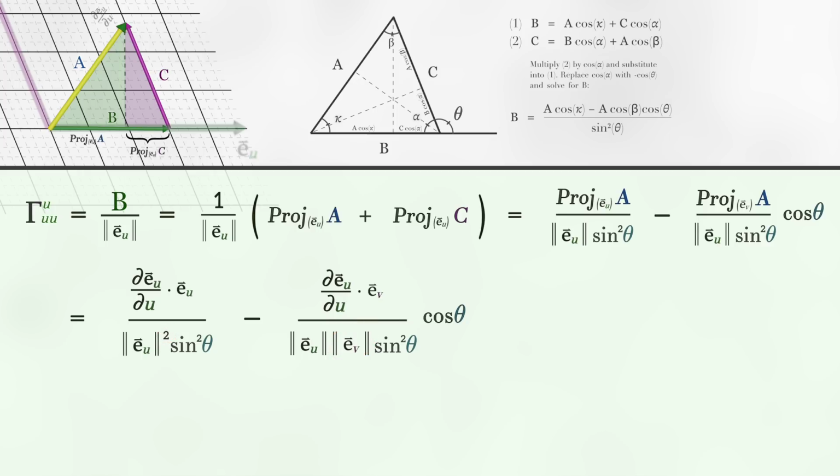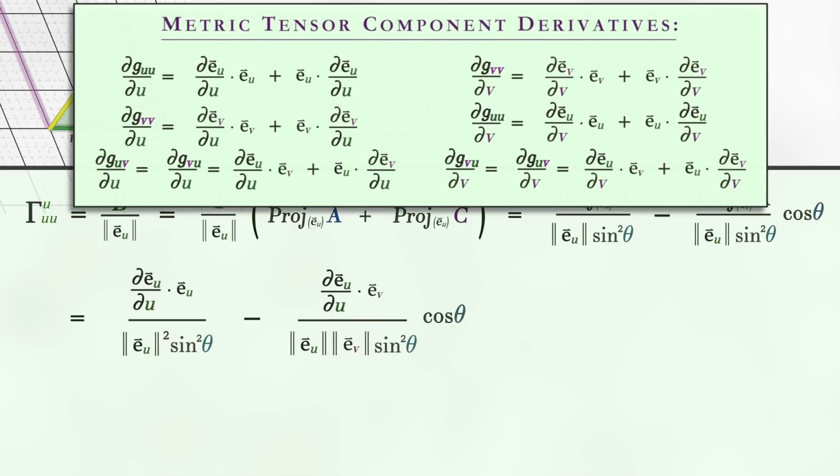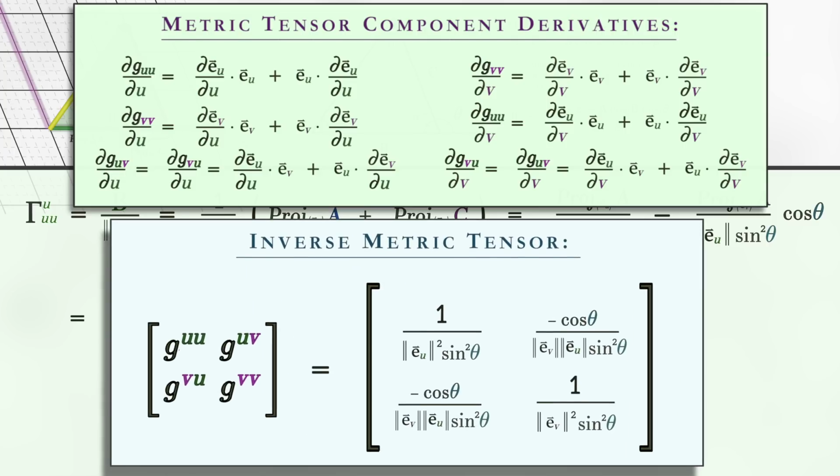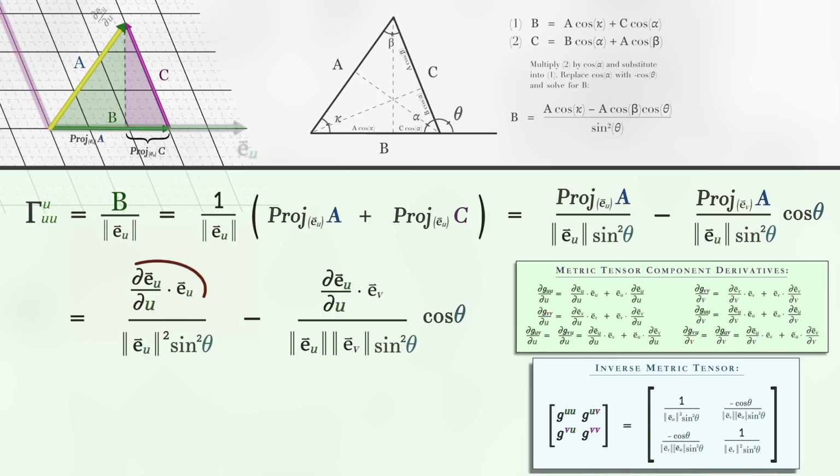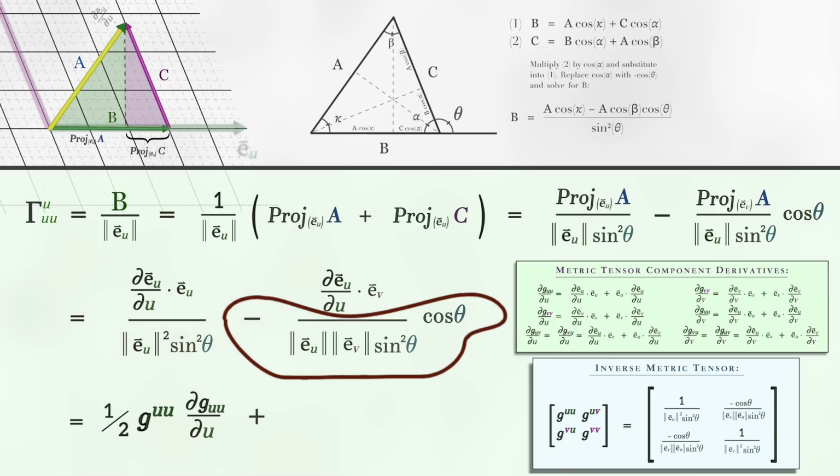Next, we want to express everything in terms of the metric. From the derivatives taken earlier, and by expressing the inverse metric in terms of the basis magnitudes, we can note that this dot product here equals 1/2 dGUU/du, while this quantity here equals GUU inverse. Meanwhile, this quantity here equals GUV inverse.